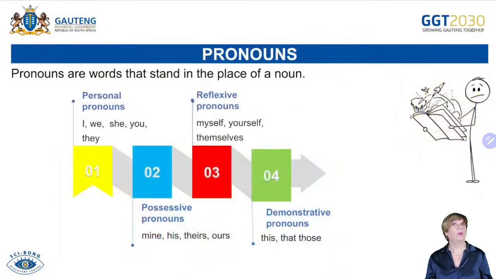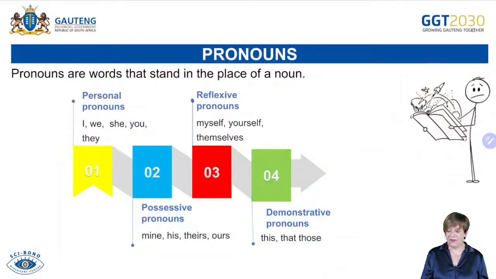Now, let's look at our pronouns. Pronouns are words that stand in the place of a noun. And we have 4 of them. So, do I need to know them? I'll come back to that question just now. Let's run through them. I've got personal pronouns: I, we, she, you, they. They stand in the place of a name.